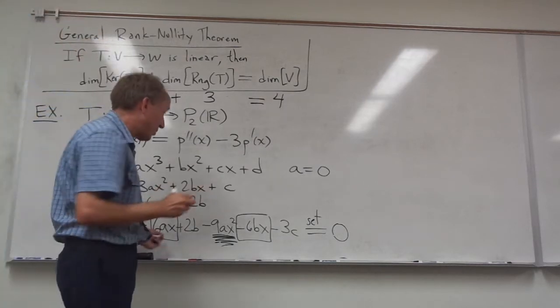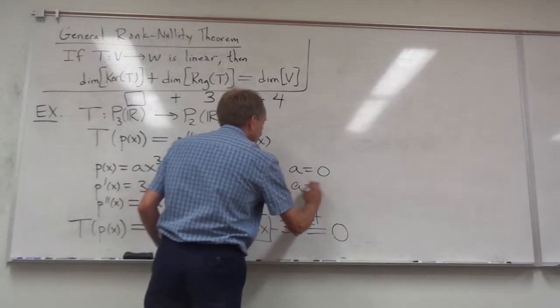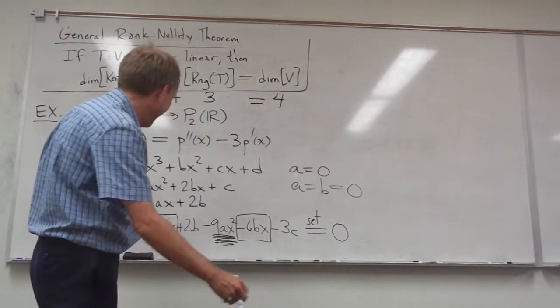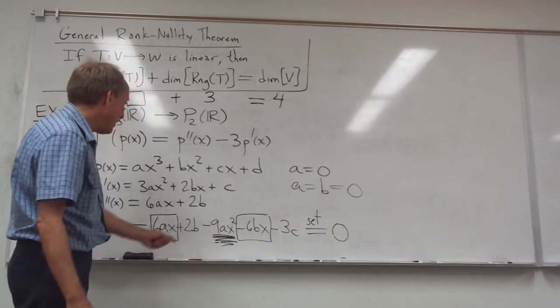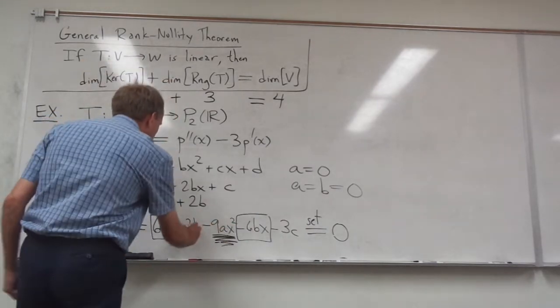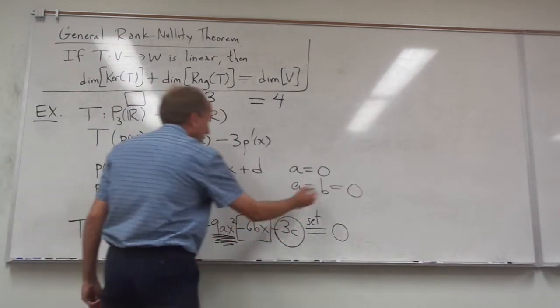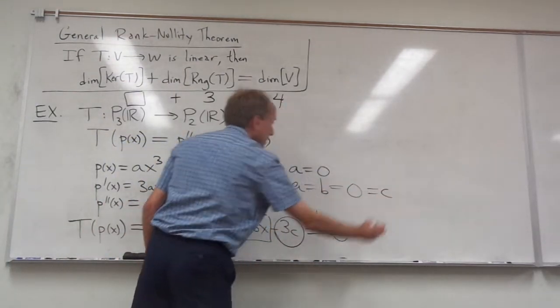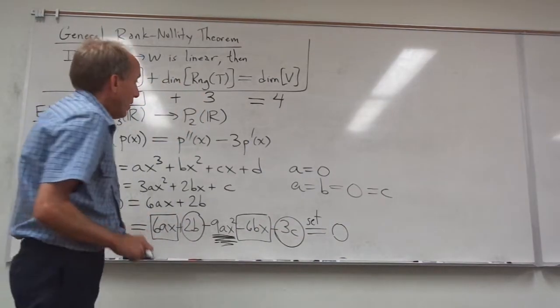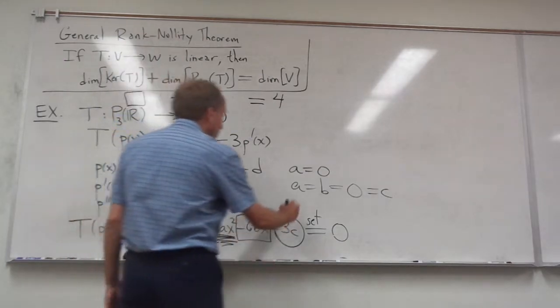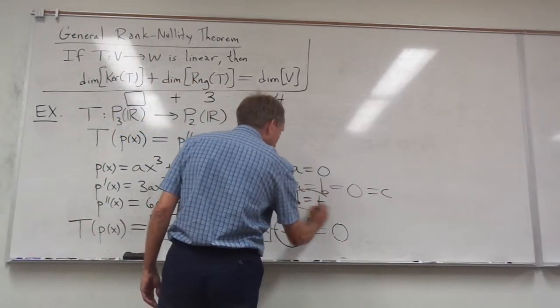That would tell me that a is equal to b, and that is therefore also equal to 0. Sorry, it's kind of late over here. So a and b are both 0, and then the constant term is 2b minus 3c, and if b is 0, then c is also 0. So a is 0, b is 0, c is 0, and we have only one free variable, which is d.